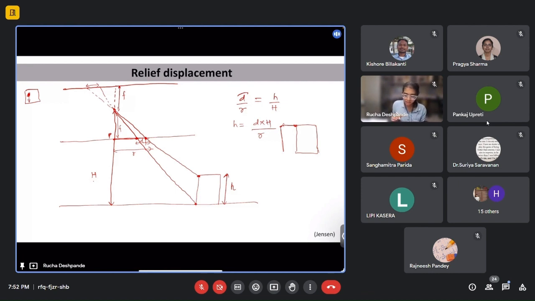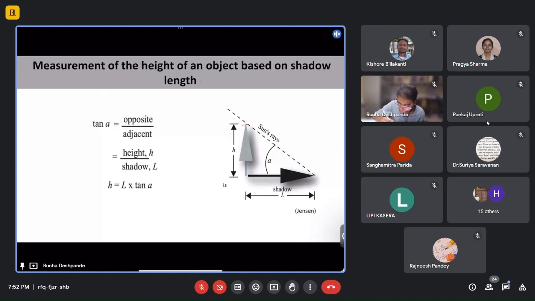This is another way of measuring the object height based on shadow length. Suppose this is the building from the previous example, and we do not have any information about the height of the aircraft or any other information.